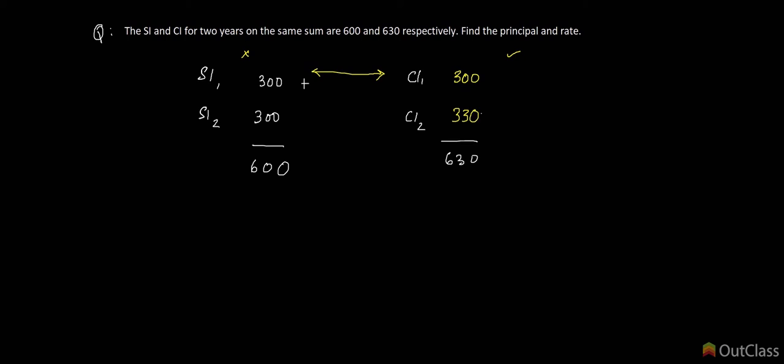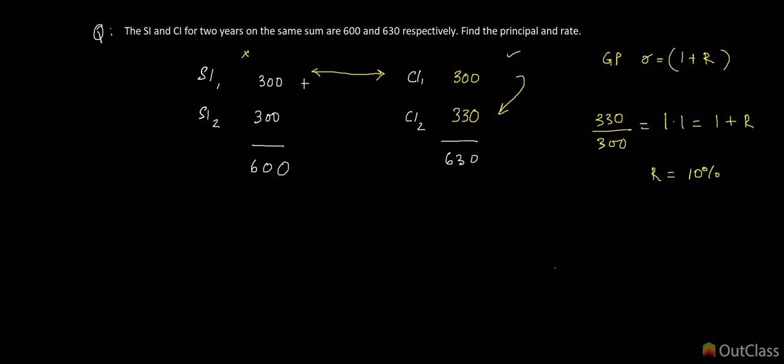Now once we have this, here's the thing. The interests, if you look at the sequence of interests, those are also going to be in a GP with the same common ratio, which is 1 plus rate of interest. So just by dividing 330 by 300, you will get 1.1, which is your 1 plus R, from which you can say that your R is 10%.